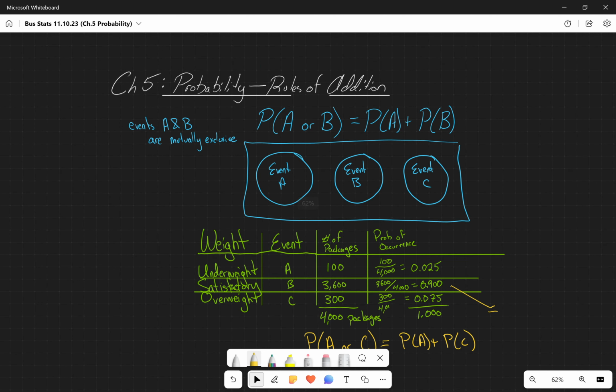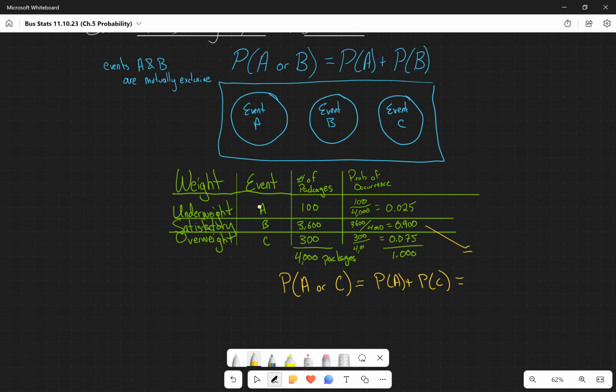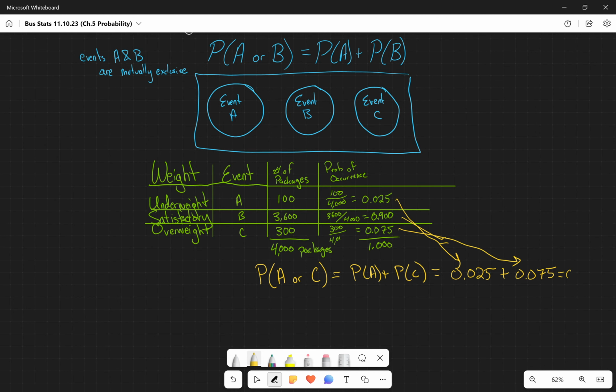So the probability of A we know is 0.025, and the probability of C we know is 0.075. So we're going to add these two up, and we're going to end up with 0.100. So what are some other ways we could write this, right?